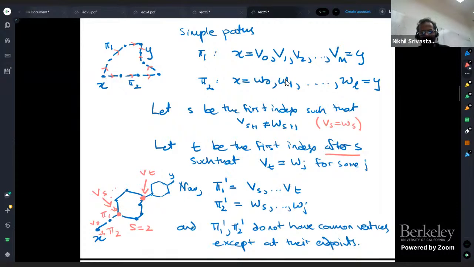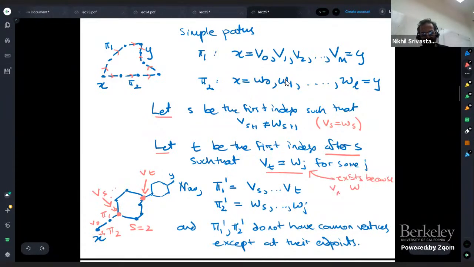Okay. And the reason such an index exists, so really there's some implicit stuff going on here. The reason this exists is that eventually the two paths meet, right? So they have the same endpoint. So there has to be some T at which Vt equals Wj. So whenever you say let, you better be sure that that thing actually exists, right? And the reason this exists is because eventually the paths coalesce.